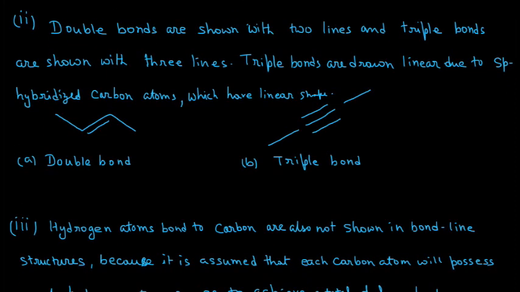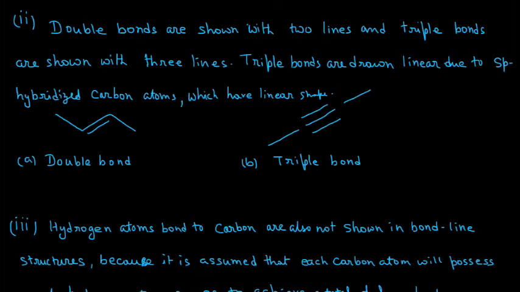Second, double bonds are shown with 2 lines as usual, and triple bonds are shown with 3 lines. Triple bonds are drawn linear due to the sp hybridized carbon atom. Remember that in the last class we have done that triple bonds are always linear in shape and contain sp hybridized carbon atoms.